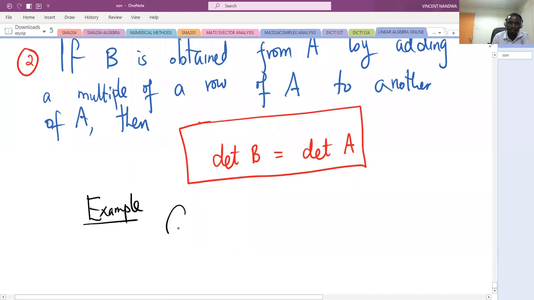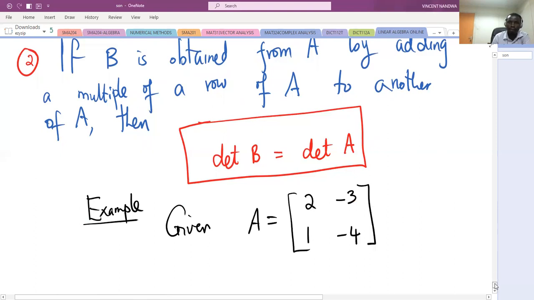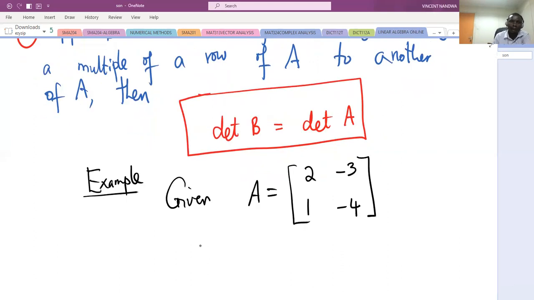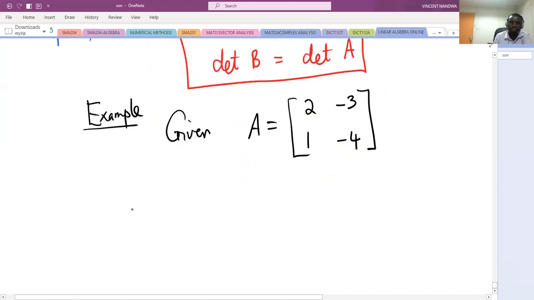Given A is this matrix, 2, minus 3 and then 1, minus 4. So A is given by 2, minus 3, 1, minus 4.